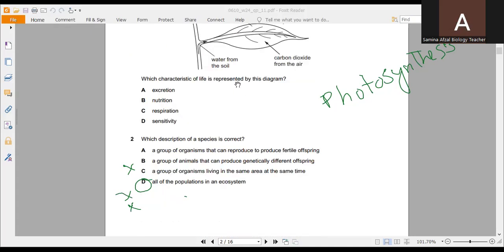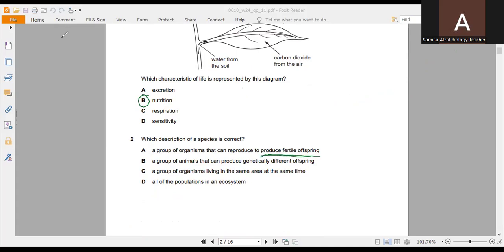And the next question is, which description of a species is correct? A group of organisms that can reproduce to produce fertile offspring. A group of organisms which are living at a place and reproducing with one another but not with the members of other species, and as a result of this reproduction they produce fertile offspring.